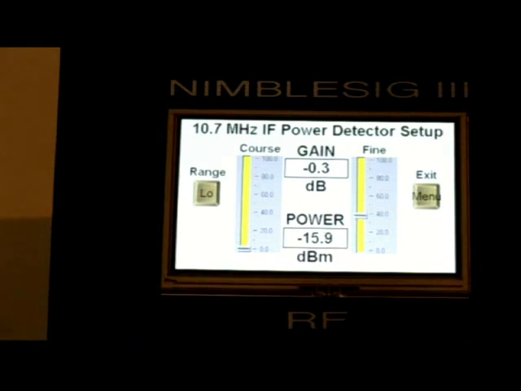So we're sitting at a level of -15, so we'll try and add 25 dB of gain to that, which would bring it up to about a +10, I guess.